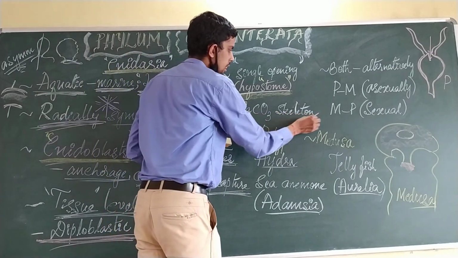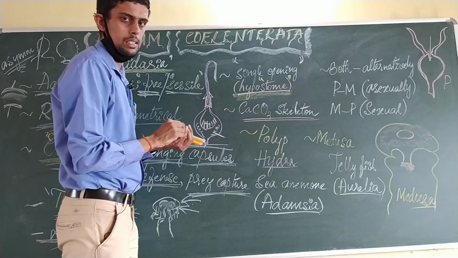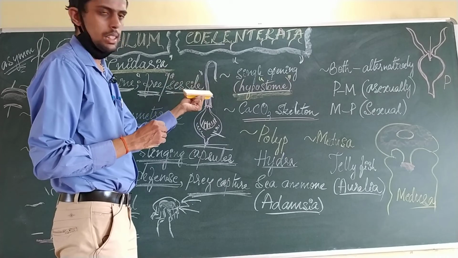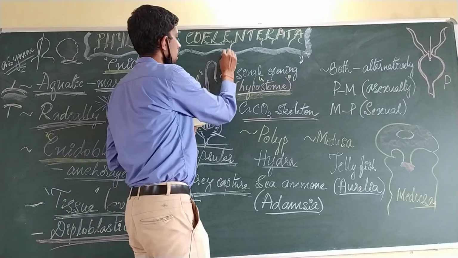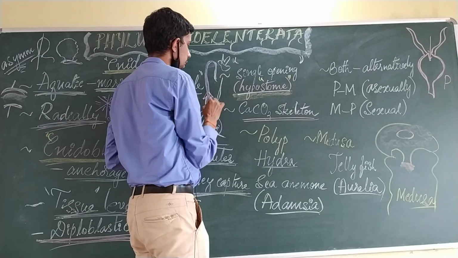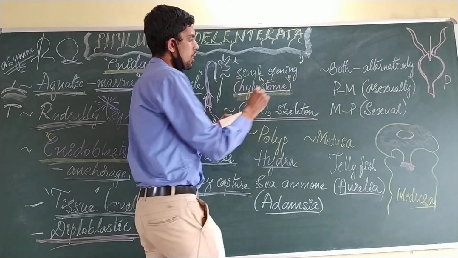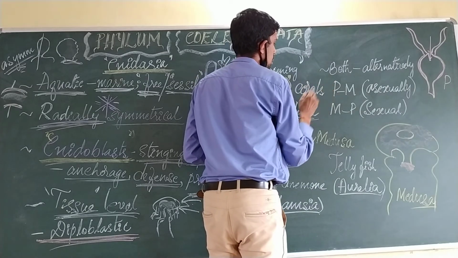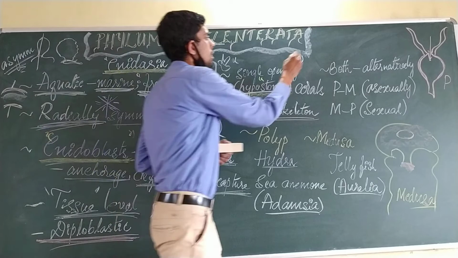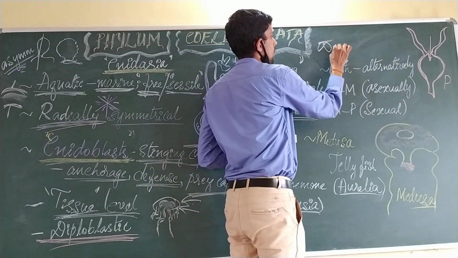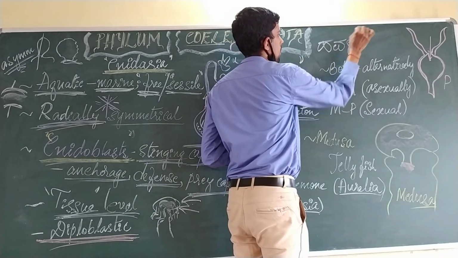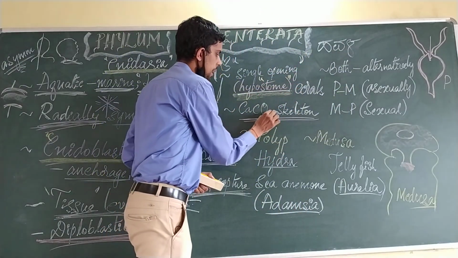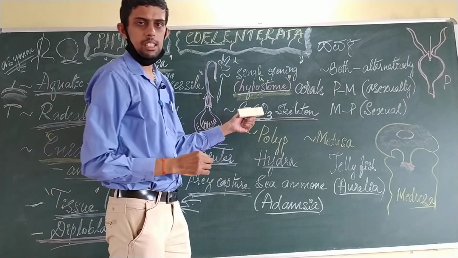And then here there is a little advanced type of skeletal system. In the case of sponges, we find spicules, which are bowl-shaped or star-shaped or pointed structures. Whereas here, for example, the corals, you find that they are made up of calcium carbonate crystals.